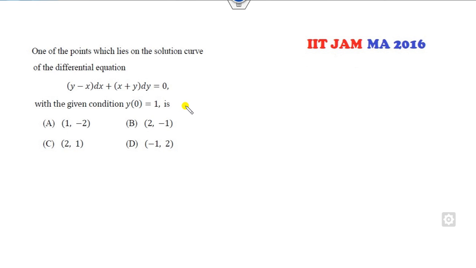Now again come back to the IIT JAM questions. One of the points which lies on this solution is here. Clearly, this is my M dx plus N dy. Fine. So check what it is. This is the exact solution.